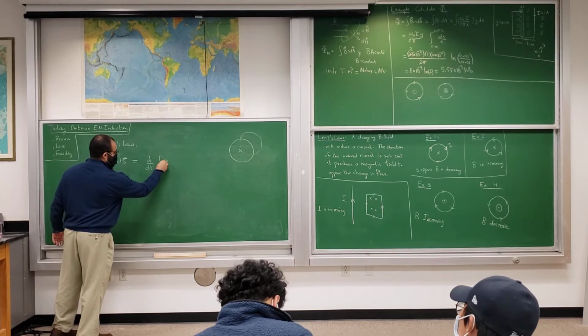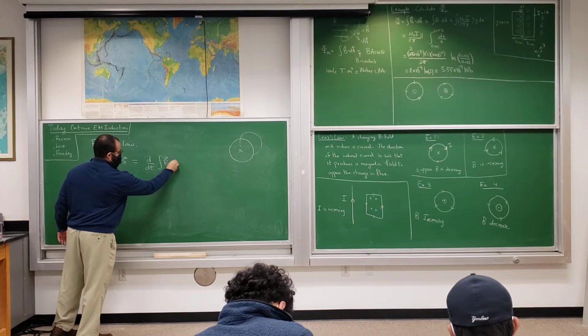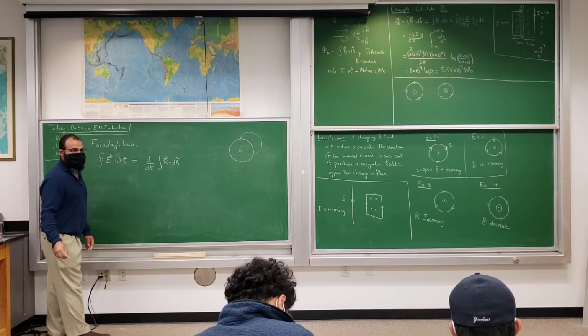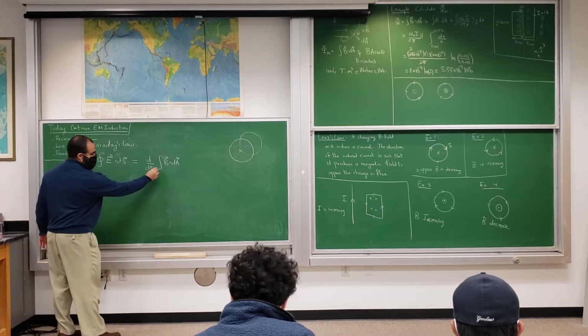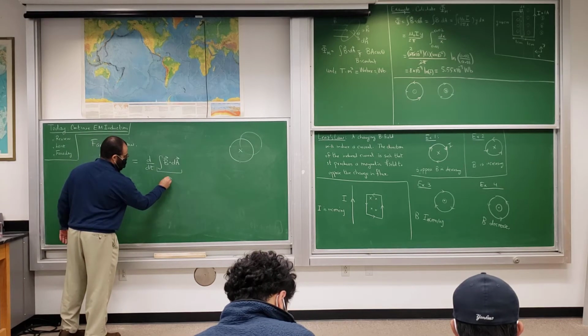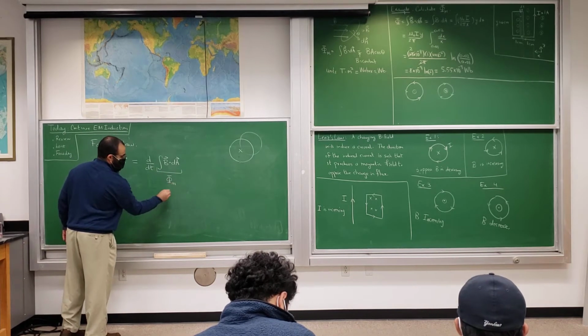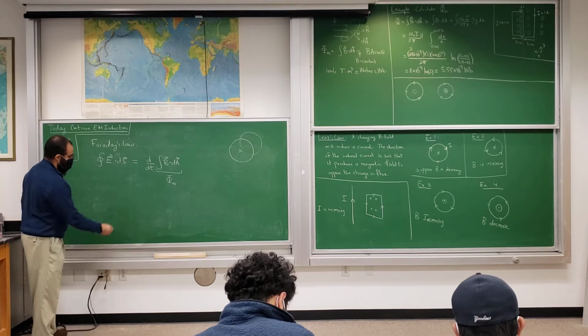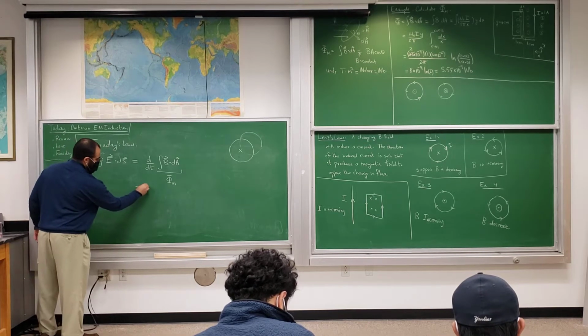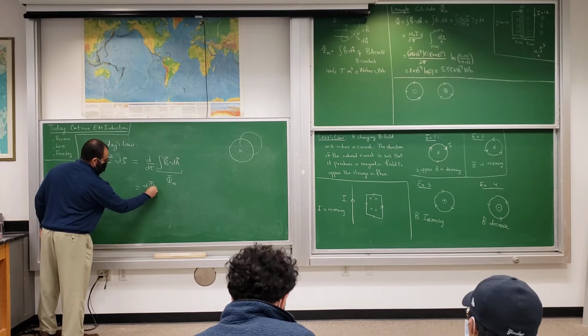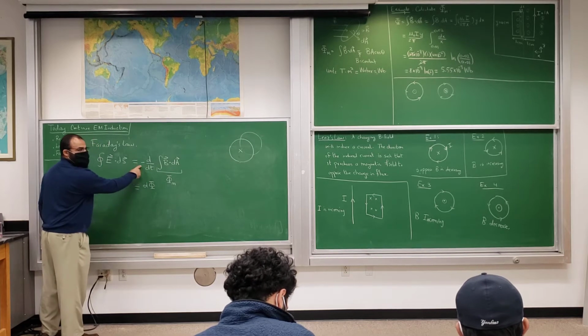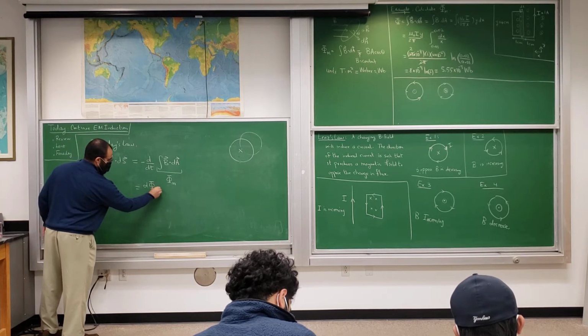of the integral of B dot dA. This part is the magnetic flux, right? So we can write it as the flux. By the way, there is a minus sign, but I forgot. The flux dt.